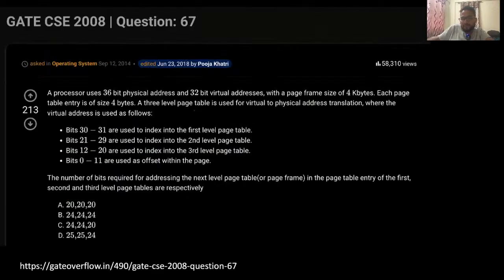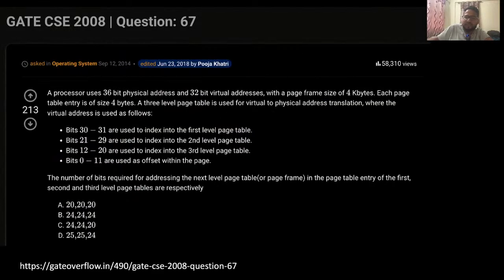A 3-level page table is used for the virtual to physical address translation, where the virtual address is as follows. So they have to tell the split, right? And they are telling the split. They are saying bits 31 and 30 are used to index the first level page table. So 0 to 11 is 12 bits, which is for the page offset.